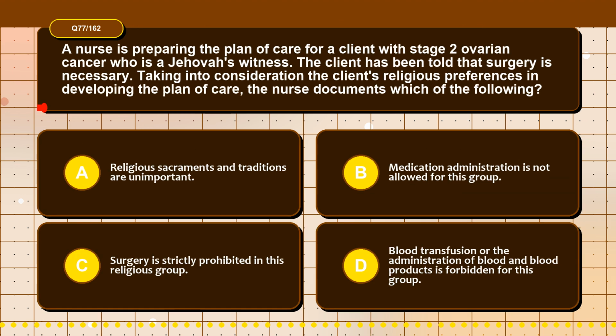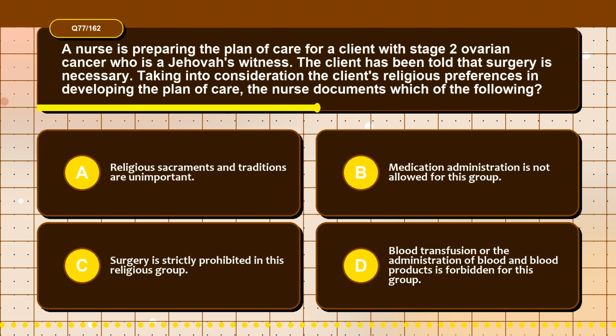Question 77. A nurse is preparing the plan of care for a client with stage 2 ovarian cancer who is a Jehovah's Witness. The client has been told that surgery is necessary. Taking into consideration the client's religious preferences in developing the plan of care, the nurse documents which of the following? Here are the options.